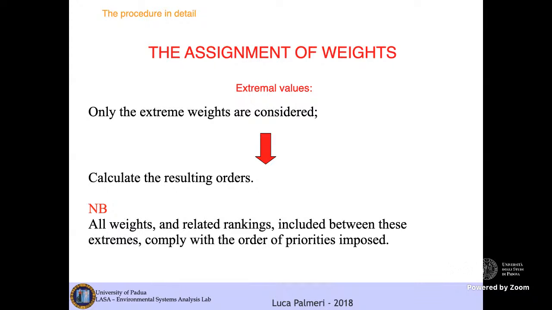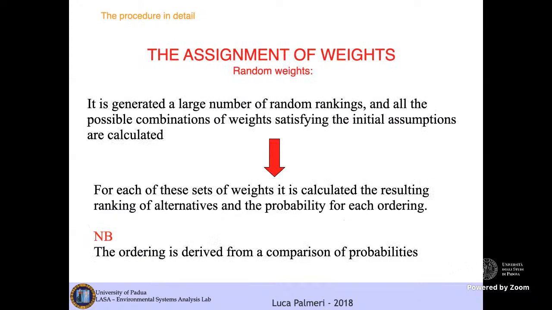And then the last one is that of random weights. A large number of random rankings is generated, and all the possible combinations of weights satisfying initial assumptions are calculated. For each of these sets of weights, the resulting ranking of alternatives and the probability for each ordering are calculated. The ordering is derived from a comparison of probabilities.